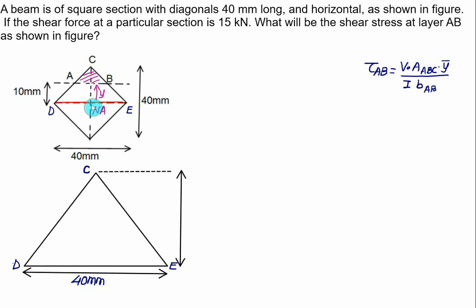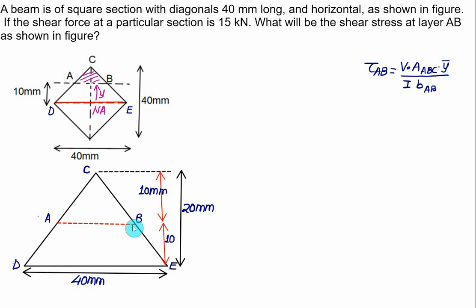And the height of the triangle will be 40 by 2, that is 20 mm. Here we can locate the fiber AB at a distance equal to 10 mm from DE. The fiber AB is at a vertical distance equal to 10 mm. It means that the remaining distance is also 20 minus 10, that is 10 mm.